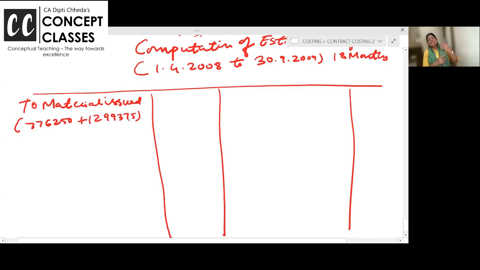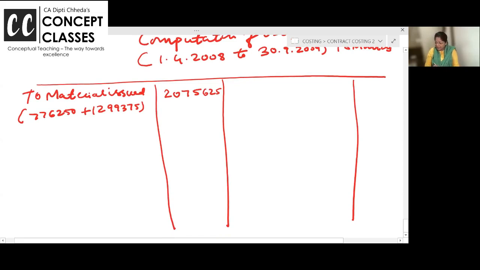Make sure you all are writing all the working over here. 20,75,625. 20,75,625 is the material issued. Anyone in the class is having doubt? Look at the problem, read it carefully and do.